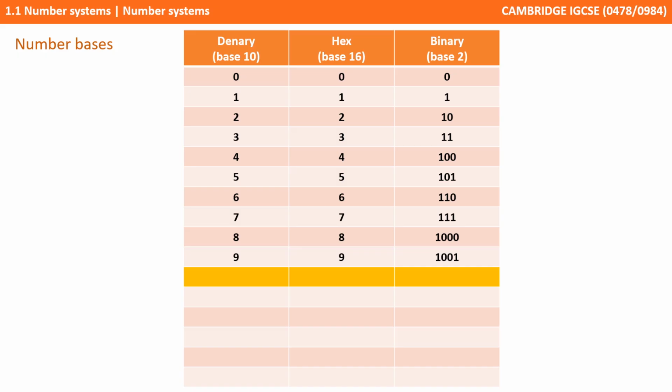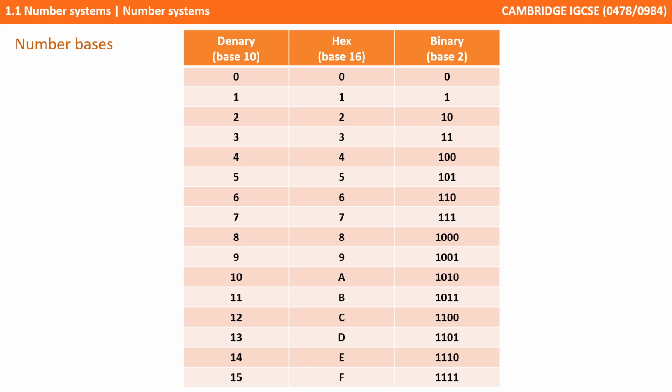And again, in hex, we now have to do something special as described earlier, and we have to switch to using letters, because hex allows us to represent values above 10 in denary in a single digit. So in denary, we have 10, in hex we have A, and in binary we have 1010.